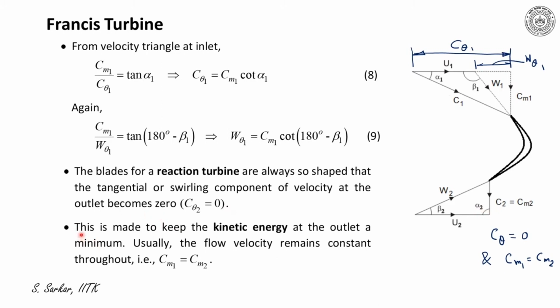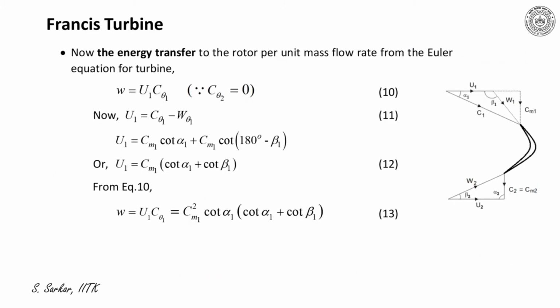This makes the kinetic energy at exit a minimum. Furthermore, the flow velocity remains constant throughout the machine, that is Cm1 is equal to Cm2. With respect to the velocity triangle, particularly at the exit, there is an error regarding the direction of W2. So the direction of W2 would be like this. Okay.